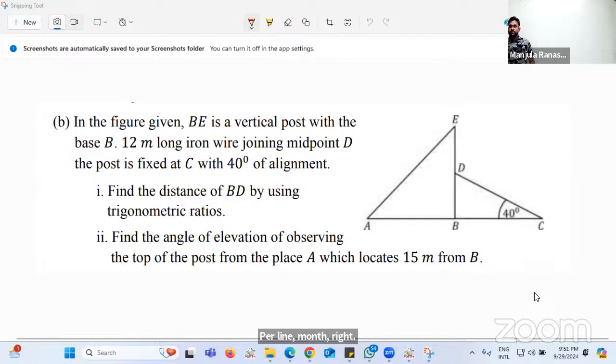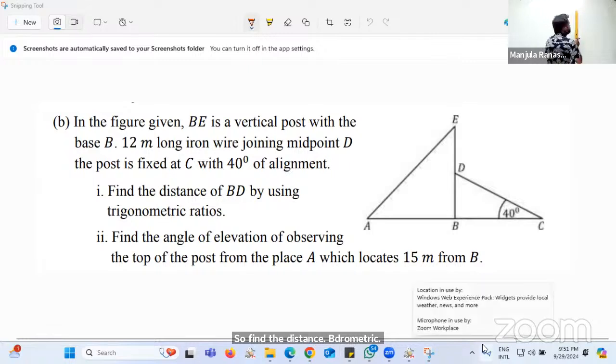So find the distance BD by using a trigonometric ratio. I will draw the sketch for you.